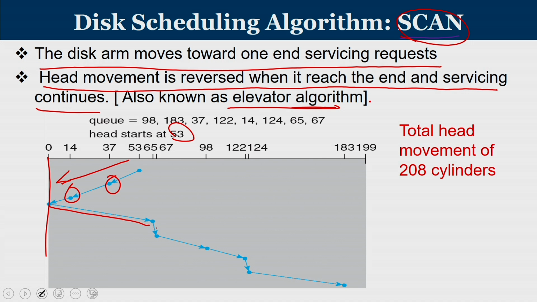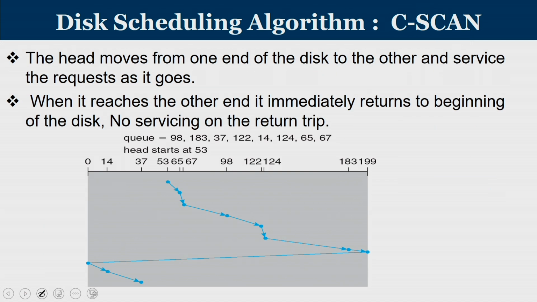So, post 53 we have 65, 67, then 98, 122, 124 and 183. This is the only U-turn that you have, and the total number of head movements is reduced to 208.